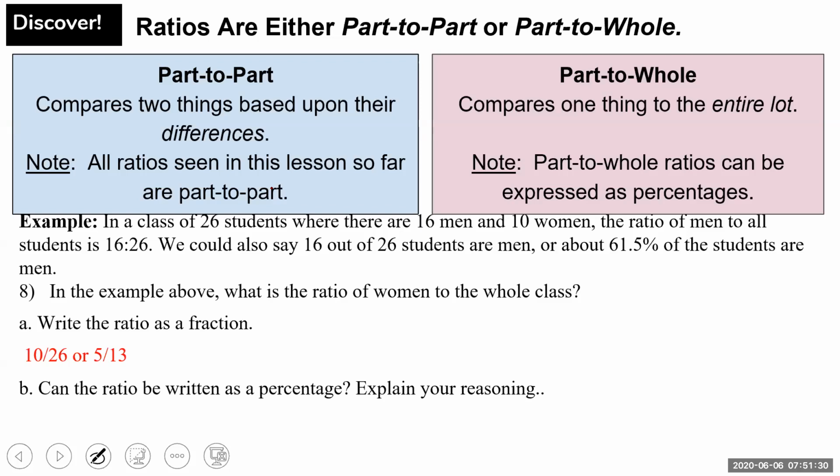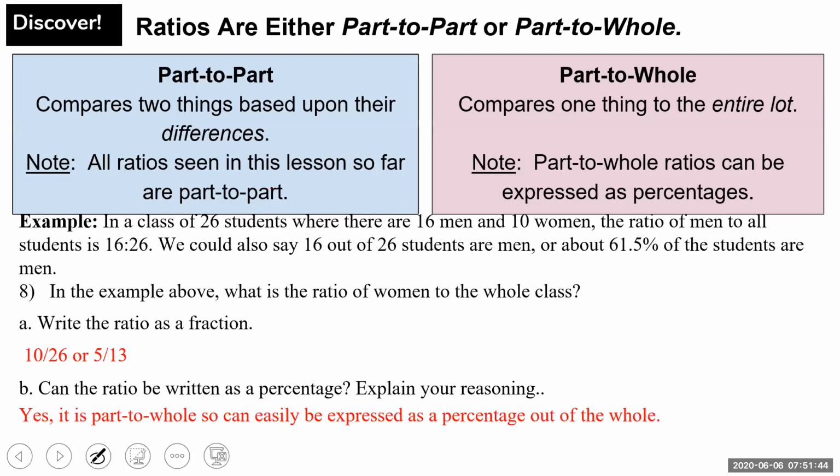Yes. And we learned how to change from a fraction to a decimal and then to a percent. So 5/13, put that on your calculator, that will give you a decimal, and then you multiply that by 100 to give you the percent. Yes, it is a part to whole, so it can easily be expressed as a percentage out of the whole.